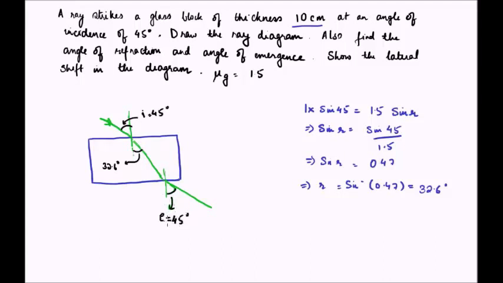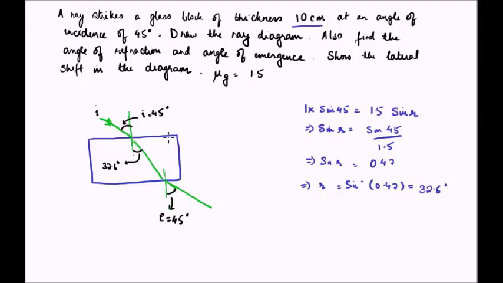You can also calculate it, but since we already know, I wrote it. Fine. So using the knowledge of Snell's law and the concept of geometry, we have found the whole ray diagram. This is the incident ray, this is the refracted ray, and this is the emergent ray.